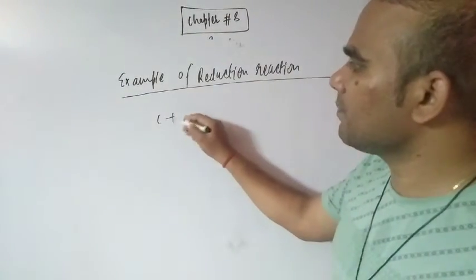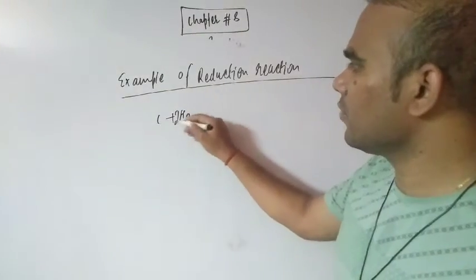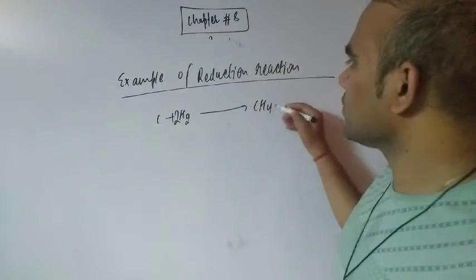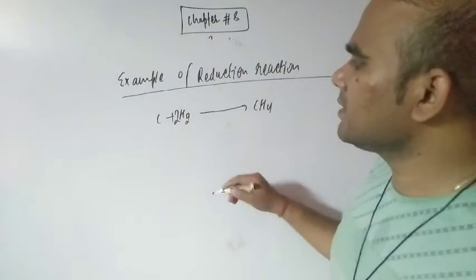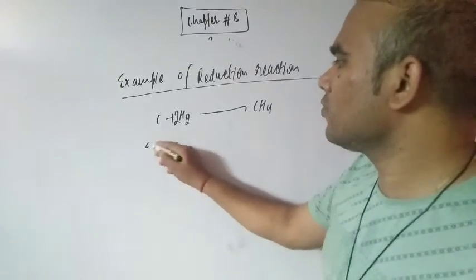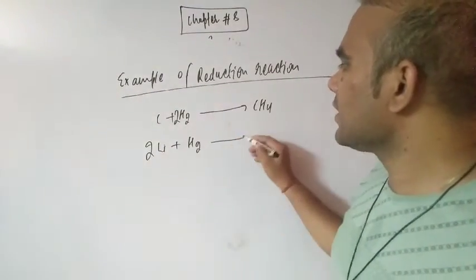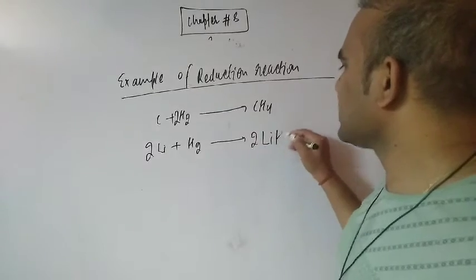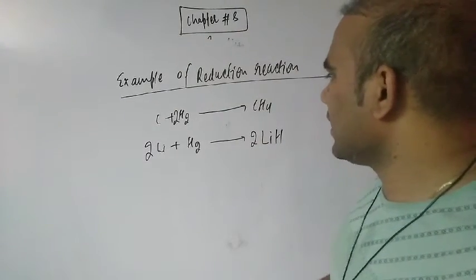Suppose C plus 2H2 gives CH4. This is a reduction reaction. If Li, 2Li, and H2 form 2LiH, that is again reduction.